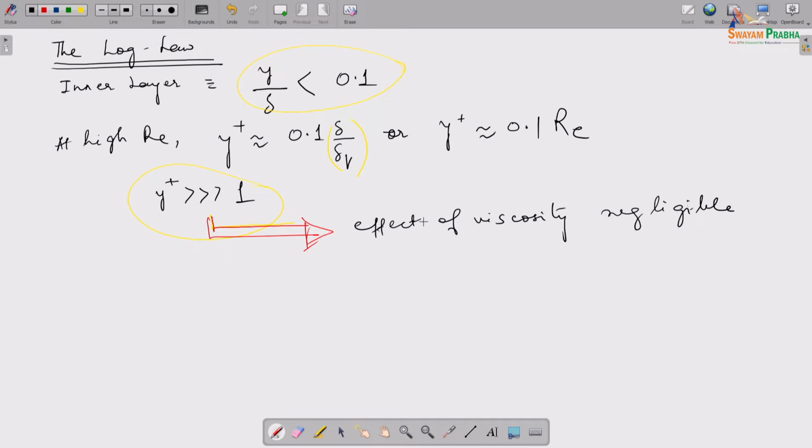That makes sense, because at very small length scales is where there is viscous dissipation, so viscosity dominates in those regions. Therefore, if y plus is very large, then the effect of viscosity is negligible.